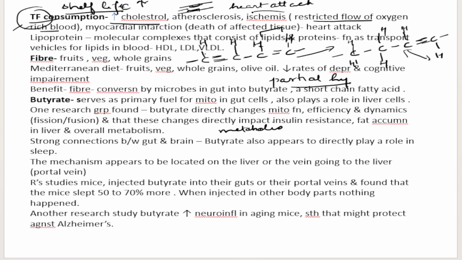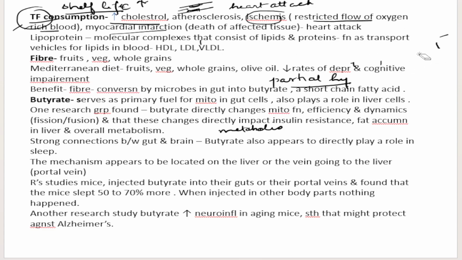So ischemia is restricted flow of oxygen-rich blood in the arteries, and myocardial infarction refers to heart attack, that is, death of the affected tissue causing a heart attack. Because when oxygen-rich blood is not able to flow to the target tissue, it may cause the death of the affected tissue and it may cause a heart attack.